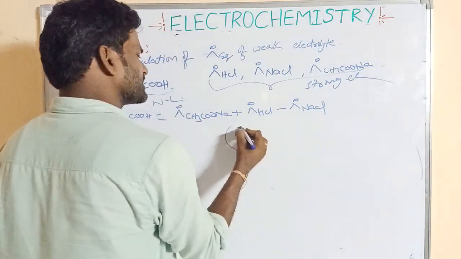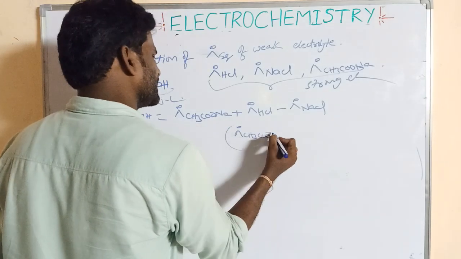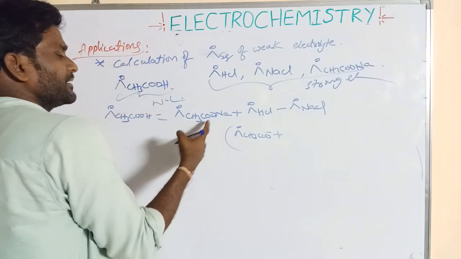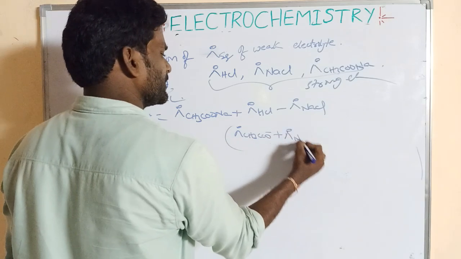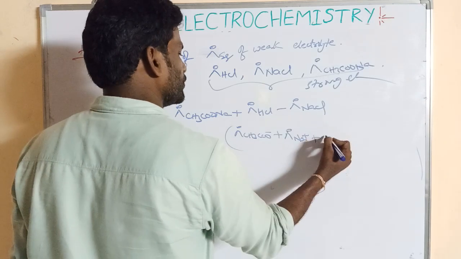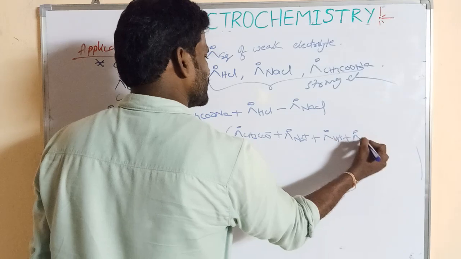According to Kohlrausch law, CH3COONa is ionized as λ° CH3COO⁻ plus λ° Na⁺. Similarly we can write HCl as λ° H⁺ plus λ° Cl⁻.